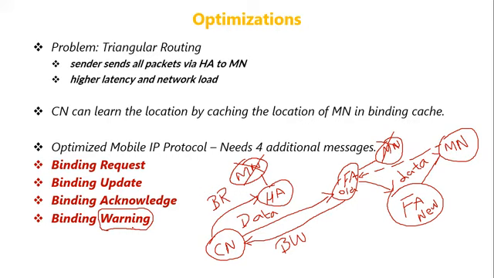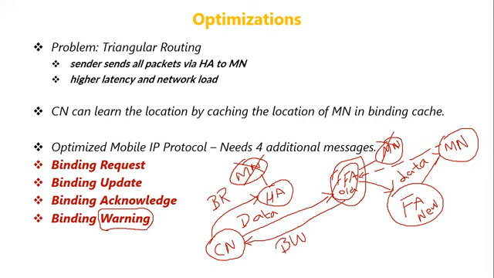So binding warning is used when a node decapsulates a packet for a mobile node, but it is not the current FA for this MN, like the FA old we discussed. When FA old decapsulates the packet for a particular mobile node, and this node is not the FA for the mobile node currently, then it will send a warning message to the correspondent node, and this warning message is called binding warning, so that CN can communicate with the HA and get the correct location of the mobile node.